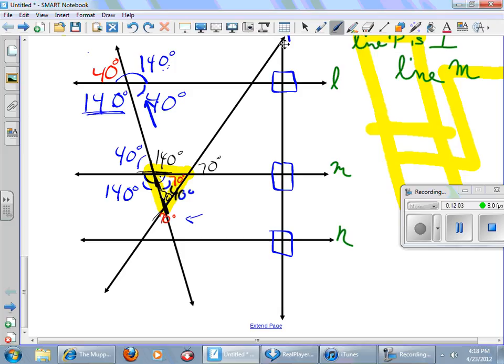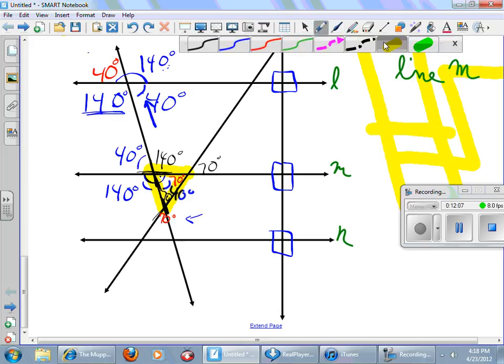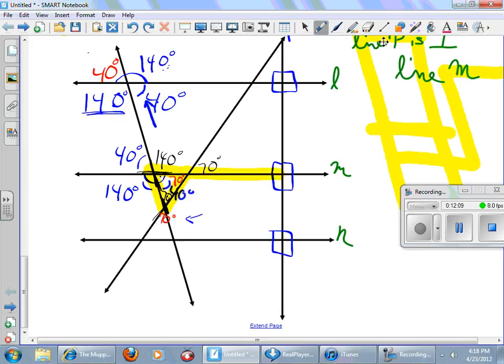Look at this. See this big triangle right here? This is 70. This is 90. That one there must be 20 because I have to add them up to get 180 degrees.